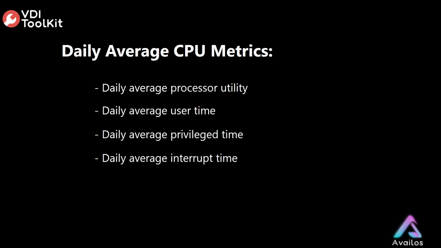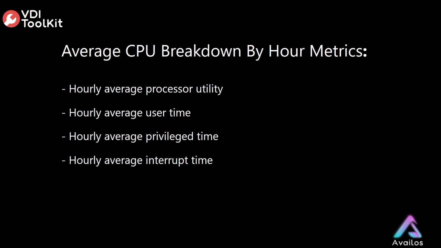All right, so let's talk about the daily average CPU metrics and the information it provides. It provides information on daily average processor utility, daily average user time, daily average privilege time, and daily average interrupt time. Next, we have the CPU breakdown by hour metrics, which provide information on hourly average processor utility, hourly average user time, hourly average privilege time, and hourly average interrupt time.